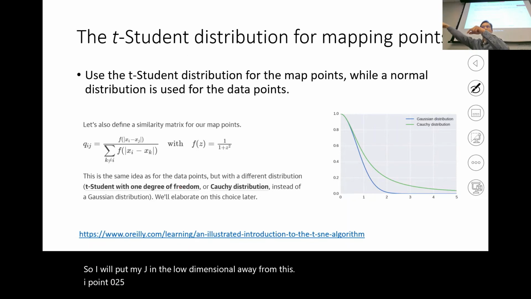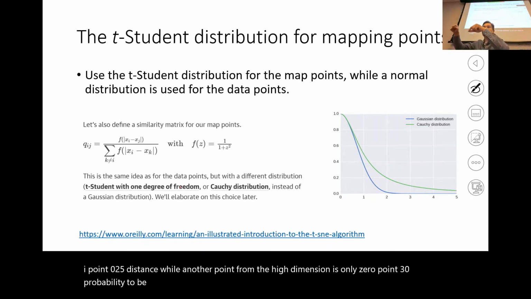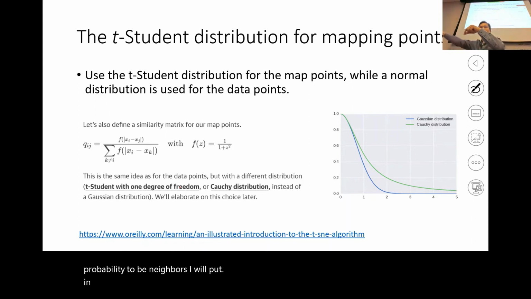Well, another point from the high dimension is only 30% probability to be neighbors. I will put it in the low dimension far away from my data, based on this distribution and matched with their probability.